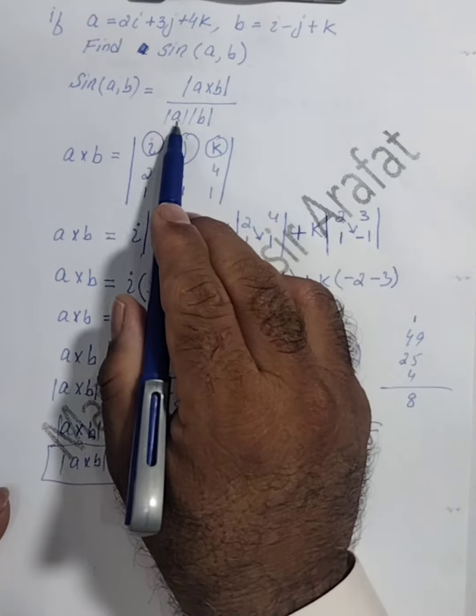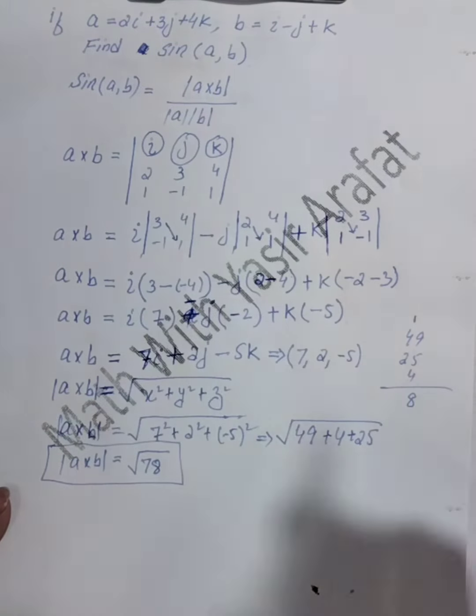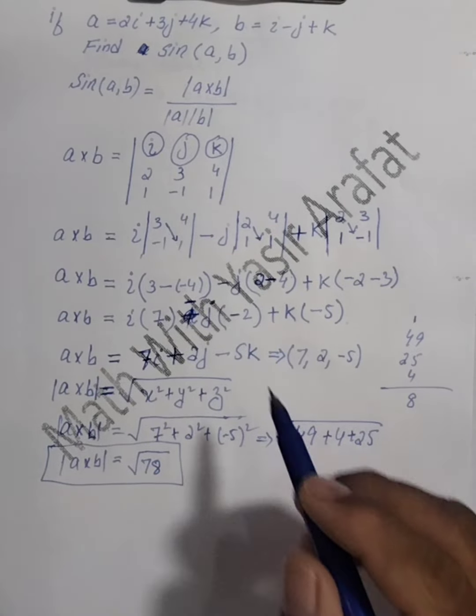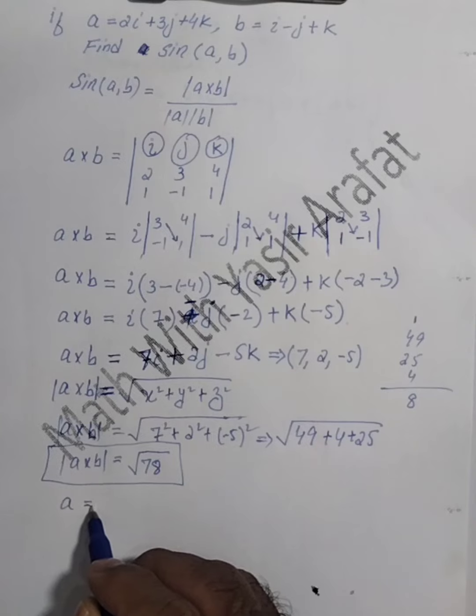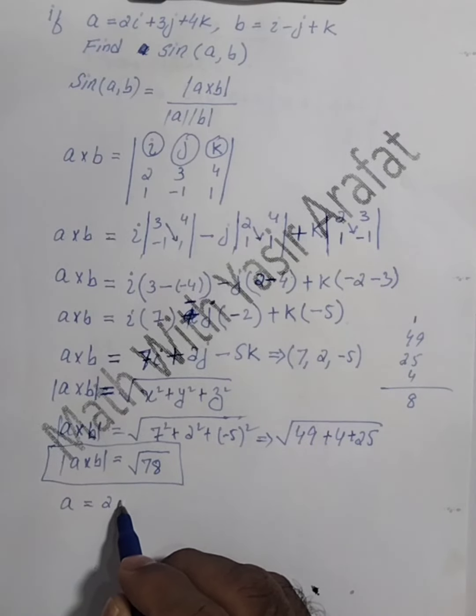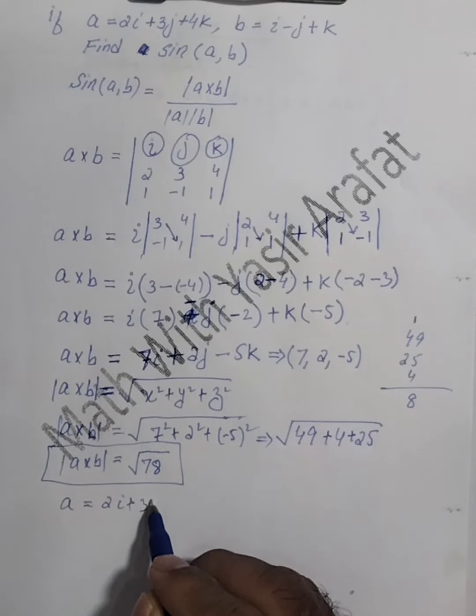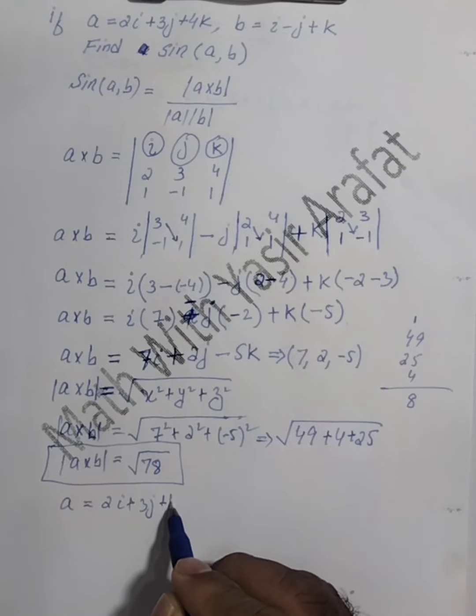Now we have to find the modulus of A and then the modulus of B. Write down A here, that is 2i plus 3j and plus 4k.